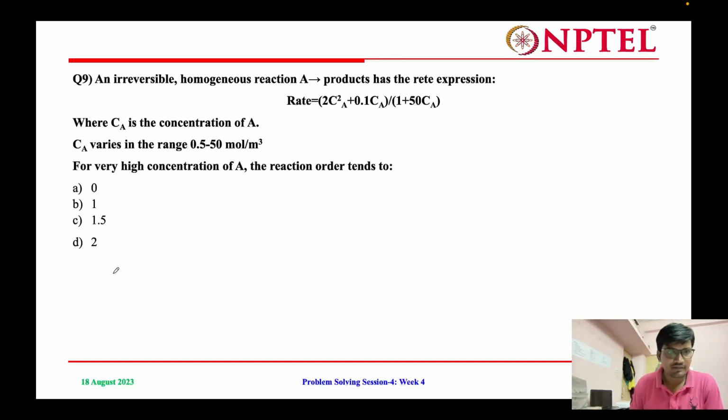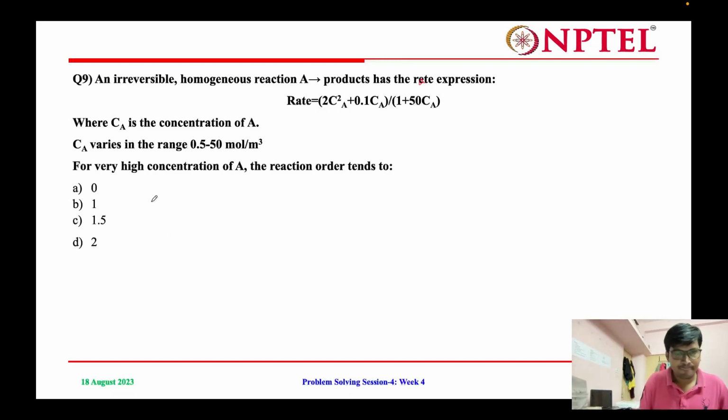Question number 9. An irreversible homogeneous reaction A gives products and has the rate equation r is equal to 2 C A square plus 0.1 C A divided by 1 plus 50 C A, where C A is the concentration of A. C A varies in the range of 0.5 to 50 mole per meter cube. For a very high concentration of A, the reaction order tends to?